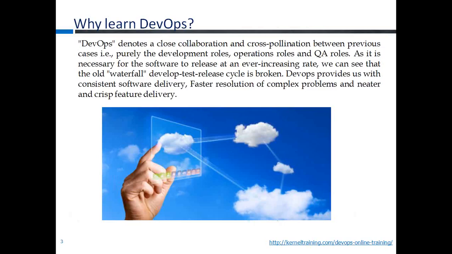So in the DevOps model, we have a requirement, we freeze the requirement at a time, we go for development, and after developing the product, we go for QA testing.